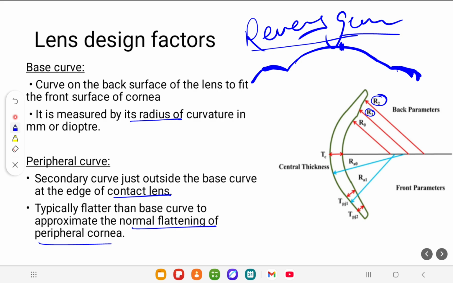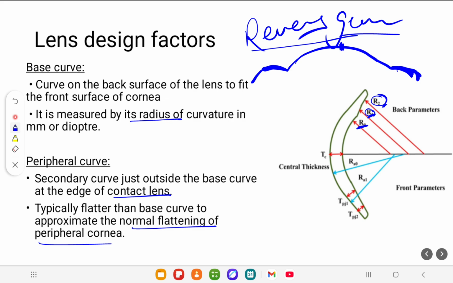Because usually the first curve, the base curve, is steeper than the first periphery curve, the first periphery curve is flatter than the base curve, and the second periphery curve is flatter than the first periphery curve, which means flattest of all. That's what usually happens, because the cornea is prolate in shape: the corneal center is steeper and the periphery is flatter.